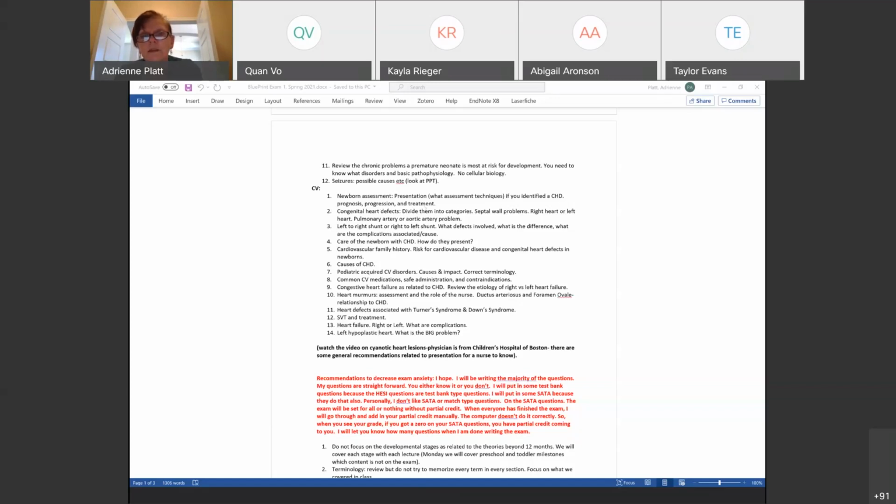And then prognosis, progression, and treatment. What I would say to the families a lot of the times was that a lot of the defects can be fixed. Some children are born with diseases and you can't fix them.